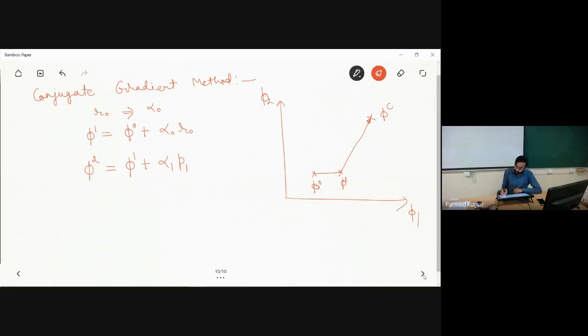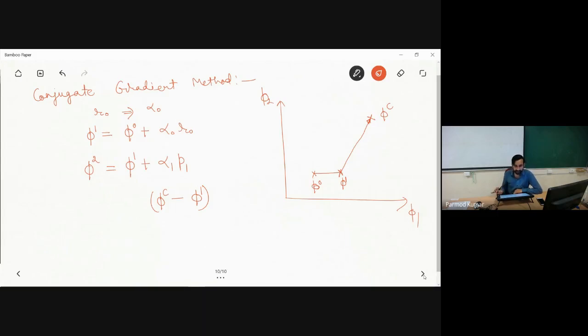Can you tell me what the direction vector of this direction is? The direction vector will be phi c minus phi 1, because the phi vector at this point is phi 1 and at this point is phi c.